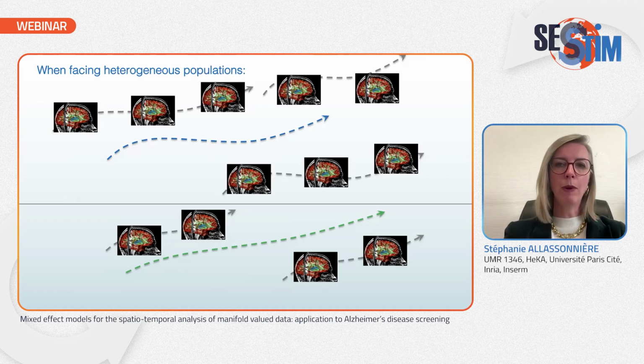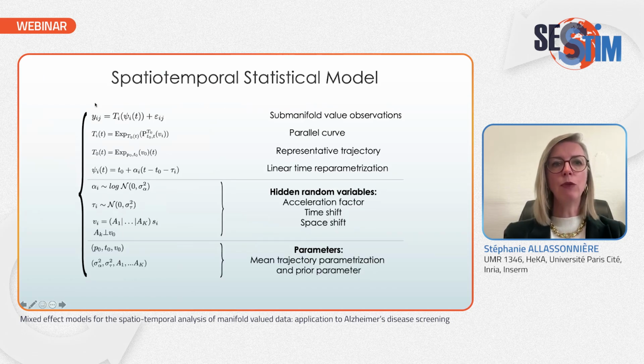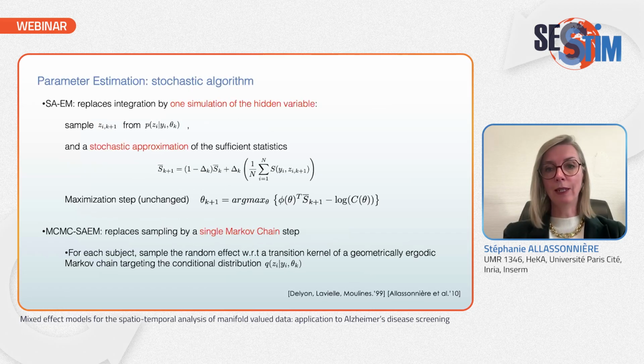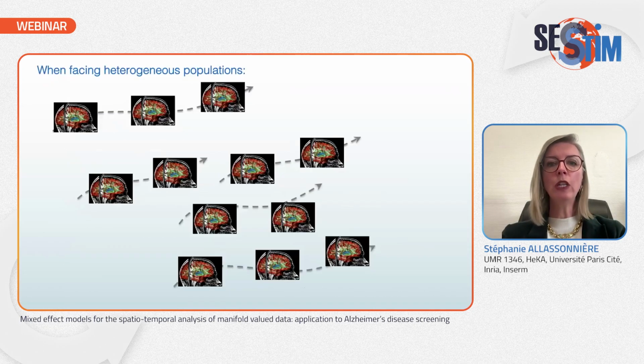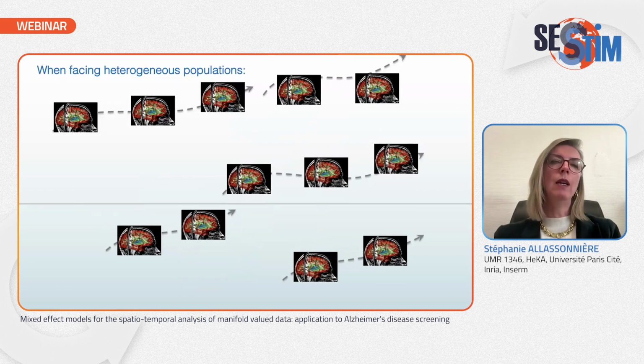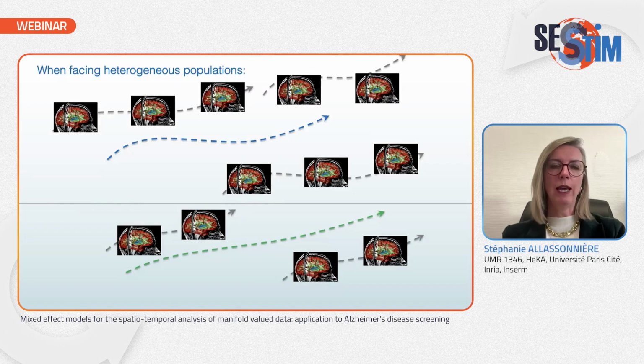So if you go back to the model, which is right here, you just have to add a single line here, and that's it, making it very easy to move here and adapt. So there's no issue if you have a heterogeneous population, as long as you know how many clusters you have in the population. And we are able to estimate the trajectory for each of the subpopulations at the same time as doing the clustering.